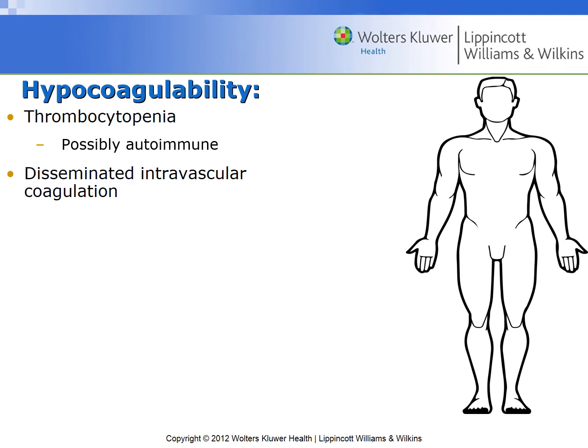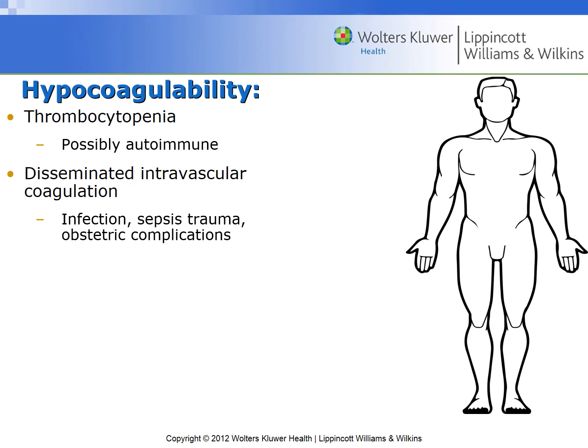Now, this is under hypocoagulability because once this cascade has been triggered and all these clots are formed, the platelets are used up and the patient is now thrombocytopenic. So if they bleed, then they will continue to bleed because they don't have the platelets to stop the bleeding.